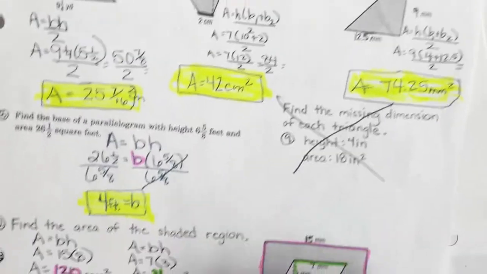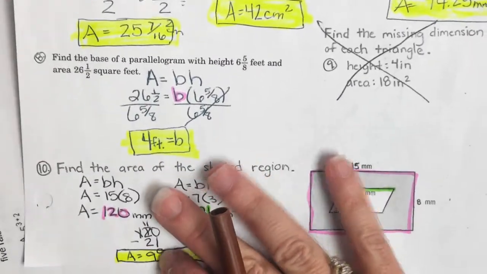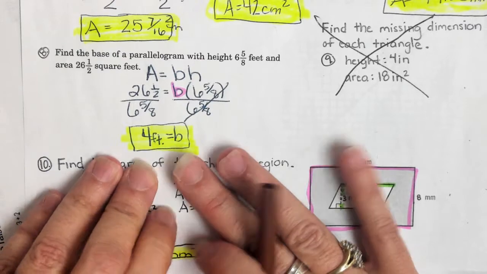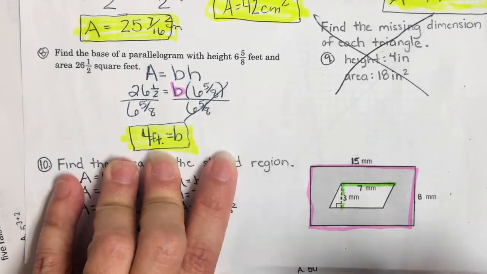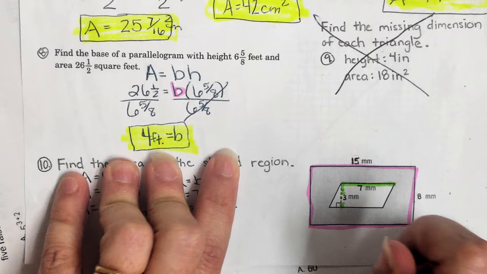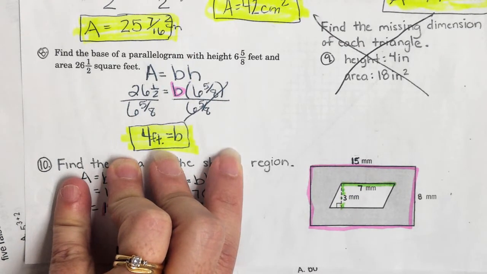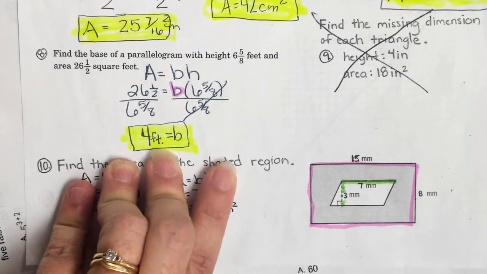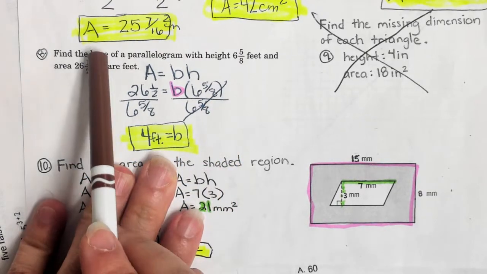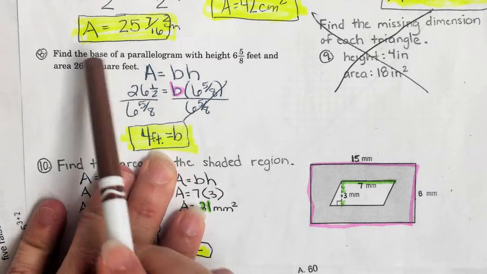Okay, looking at this one, number 8, hint, hint, hint. There's one of these on the test. It is even a parallelogram, which I shouldn't be telling you, but I am, okay? So when you see that they want a missing figure, there's something missing.